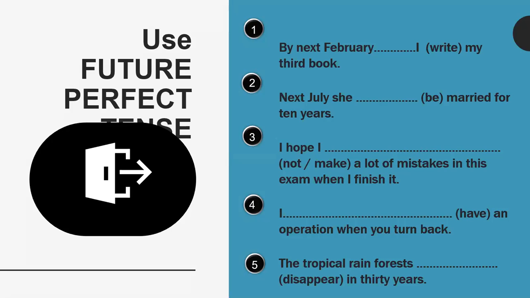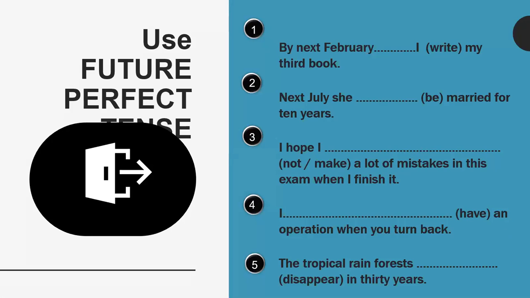Okay, number 5, the last. Mutiara Rahma again. The tropical rain forest will have disappeared in 30 years. That's right, very good.